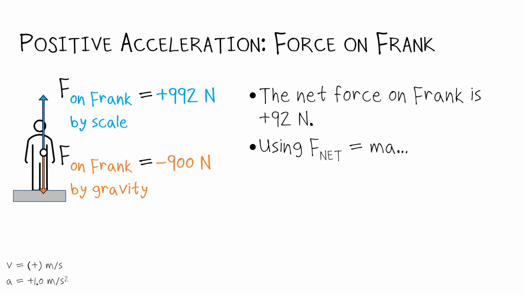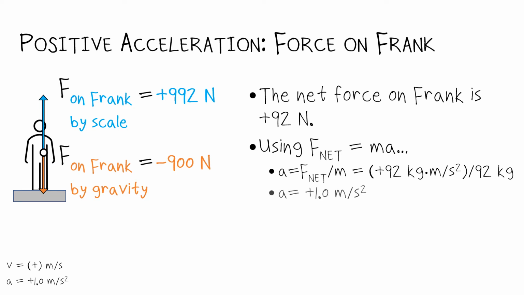If we use the equation F net equals ma, aka Newton's second law, we can solve it for the acceleration, plug in the terms, and we get conveniently 92 newtons, which are kilogram meters per second squared, divided by 92 kilograms. Kilograms cancel with kilograms and leaves us with a positive 1.0 meters per second squared. So the amount of force divided by the mass of Frank tells us the resulting acceleration in classic Newton's second law fashion.